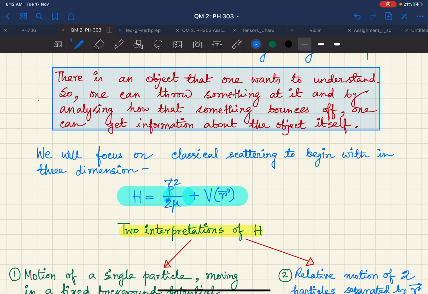So to study this kind of scenario, we will first think about the Hamiltonian that we have at our hand.